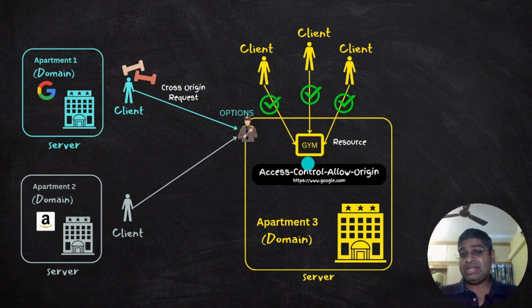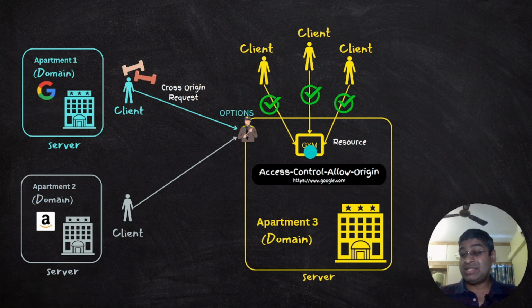This also means that even the gym needs to maintain all the policies. Just because the security guard has allowed you to gain access to this resource does not mean that the gym will not have the policy. The gym will equally have all the policies set on it, and it has the right to deny anything, even if the security guard has allowed you.